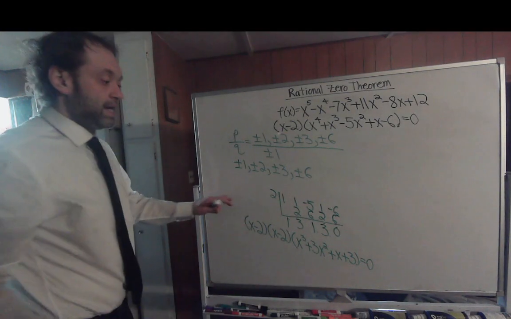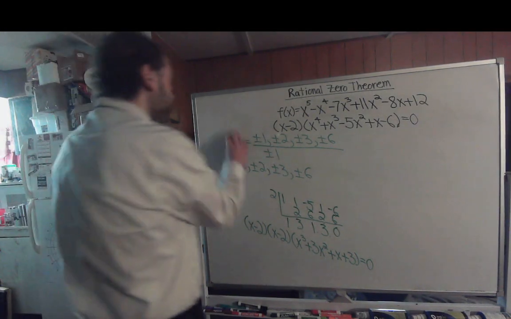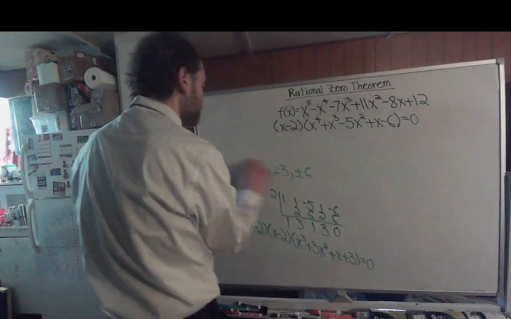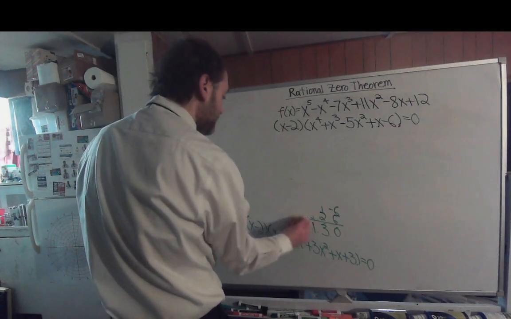So let's go ahead here and write everything up here, but I do have some good news for this cubic factor. You're going to see just how good it is in a second.